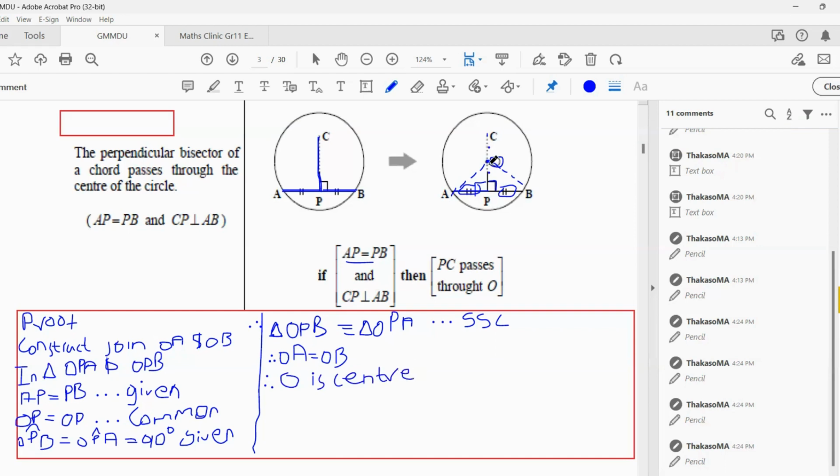Just notice it's two lines that we proved to be equal and they're from some point. And we know that if we have two lines that are equal in a circle, then they must be from a center. They should be the radii. That's what we just proved, that O should be the center of that circle.